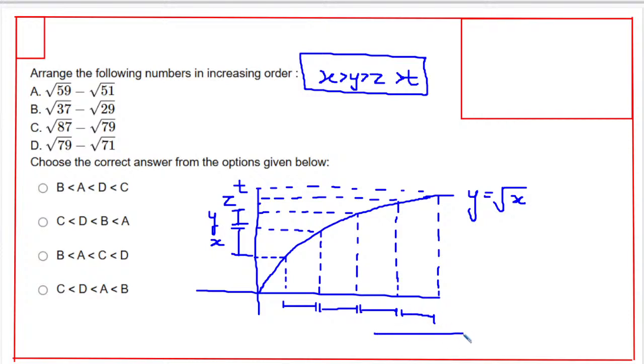So the more you go towards the positive x-axis, or the more the value of x, the gap between the y coordinate will decrease. For the constant gap of x-axis, the gap between the y coordinates decreases. So this is the best possible. Like this gap must be the bigger one. So this is the first number b. So that is the correct answer. And c must be the lowest because it is of maximum value.